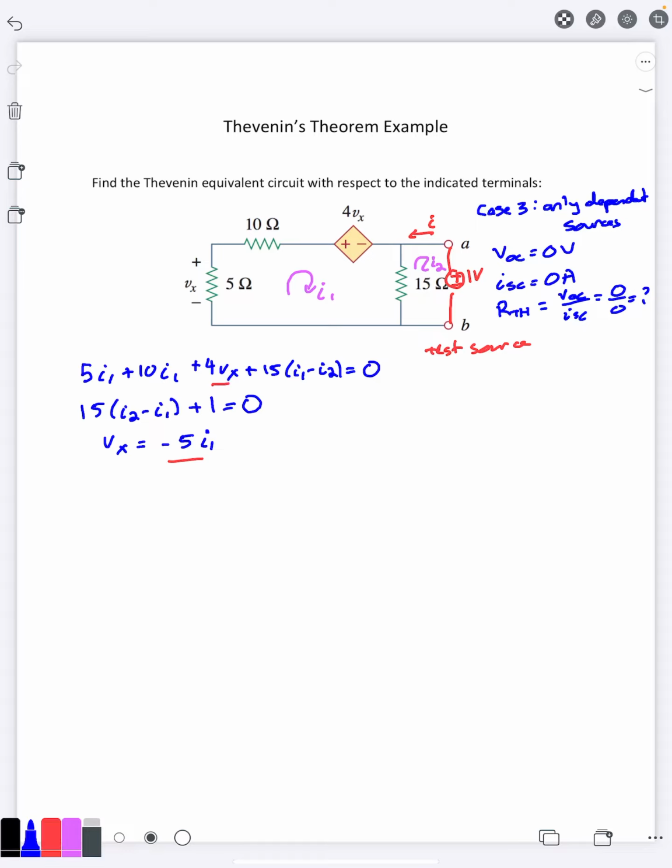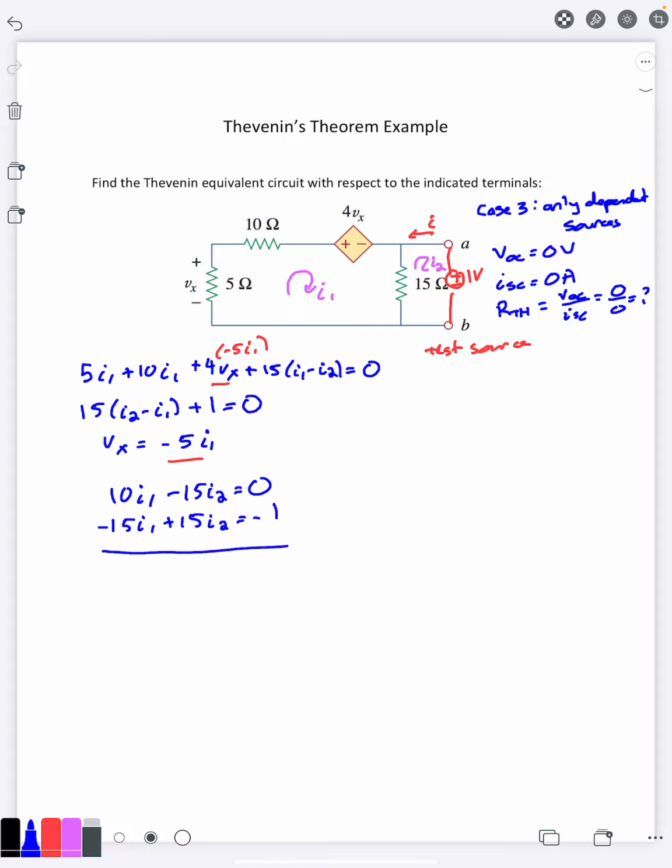So I'm going to have a minus 20I1 plus 15, so minus 5 plus 15 is positive 10I1. And then at the end of that, it's going to be minus 15I2 is 0. And then on the second one, I will have minus 15I1 plus 15I2 is negative 1.